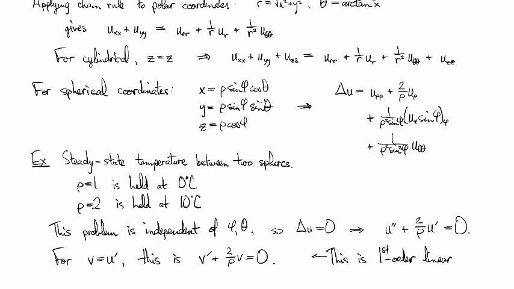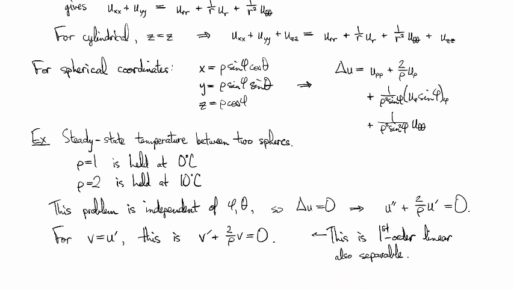This is a first order linear ODE. It's also a separable ODE, so you can solve it using either method just for fun. I'm going to do it with the integrating factor. So my integrating factor mu is going to be e to the integral of the coefficient of v, so that's 2 over rho. And so that's going to be e to the 2 log rho, which is rho squared when you simplify.